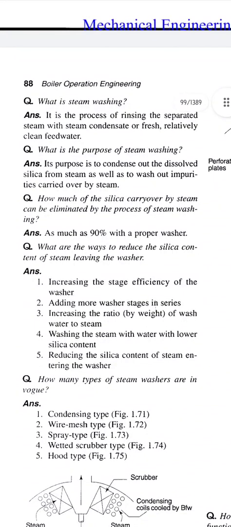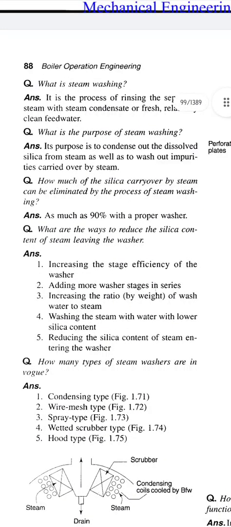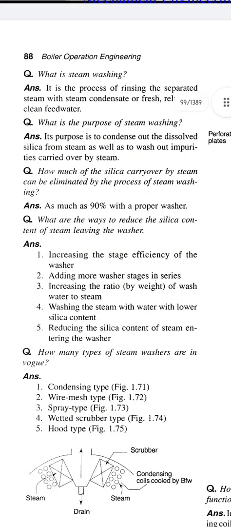Question: what is the purpose of steam washing? Its purpose is to condense out dissolved silica from steam as well as to wash out impurities carried over by steam. Question: how much of silica carried over by steam can be eliminated by the process of steam washing? Answer: as much as 90% with proper washer.